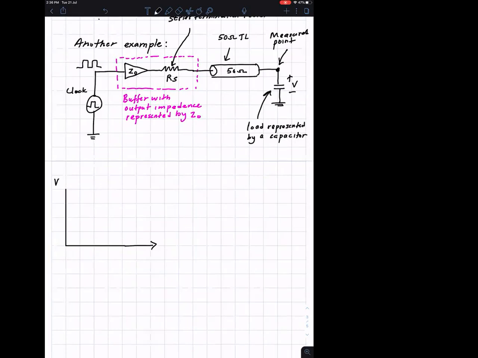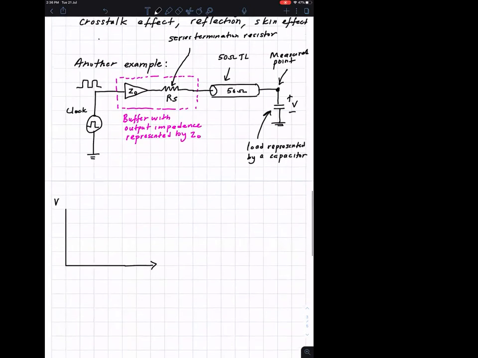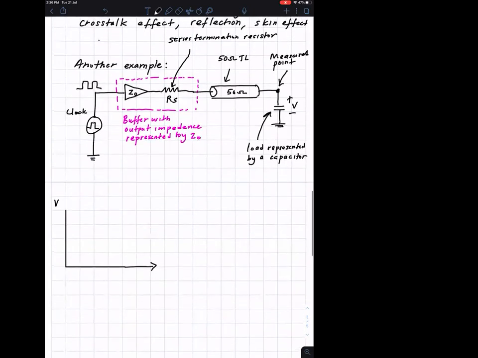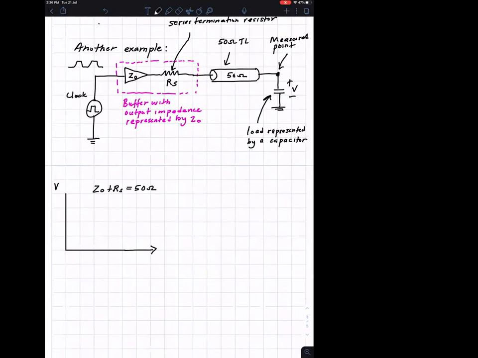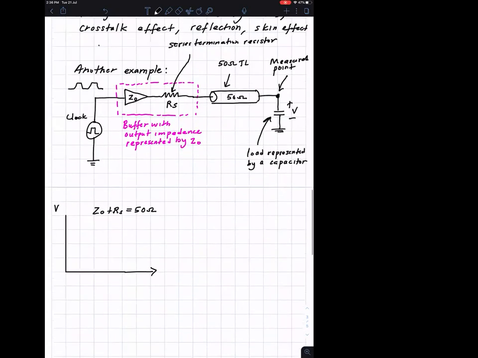If Z naught plus RS is equal to 50 ohms, and let's draw the non-ideal clock signal going through.